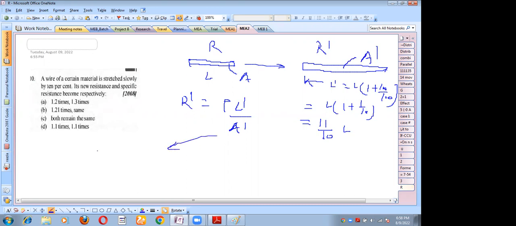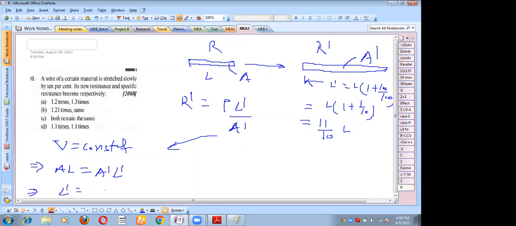So how will we calculate A dash? We apply the volume concept. Volume will remain constant if you are increasing length. It means A into L will be equal to A dash L dash. So from here A dash can be found out.